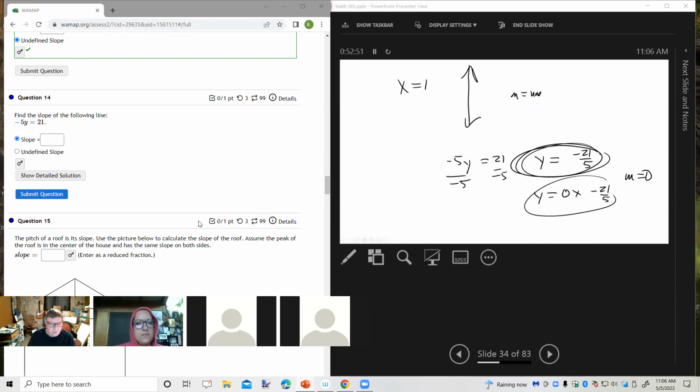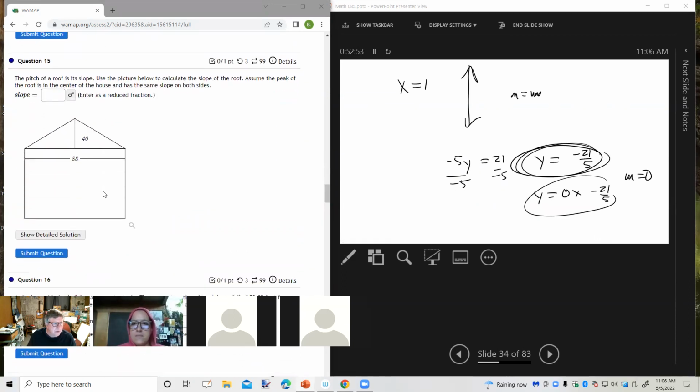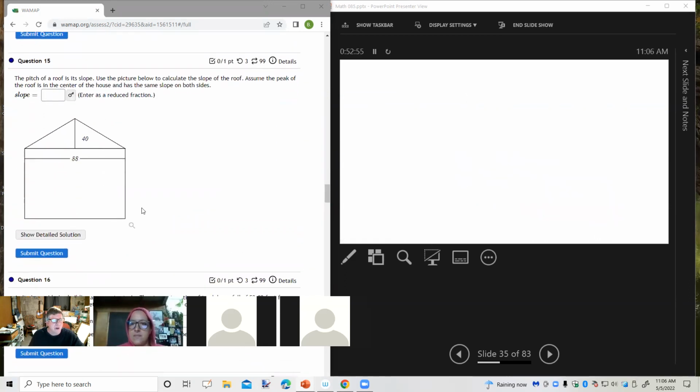All right, let's look at some other kinds of application problems here. It says the pitch of a roof is its slope. Use the picture below to calculate the slope of the roof. Assume the peak of the roof is in the center of the house and has the same slope on both sides. All right, so looking at this left-hand triangle, what's the rise going to be? 40, excellent.